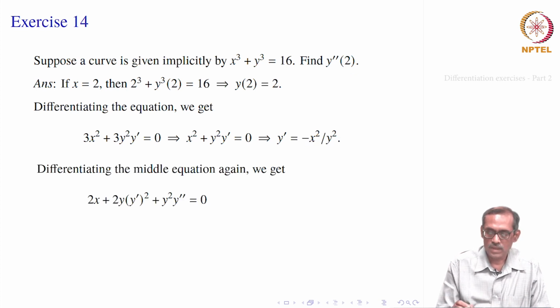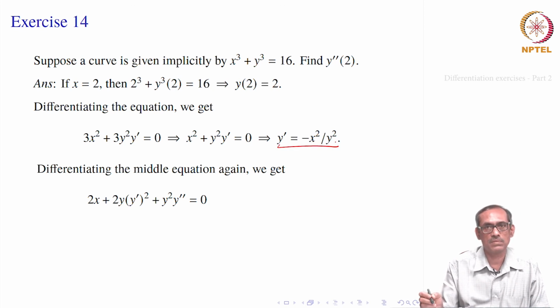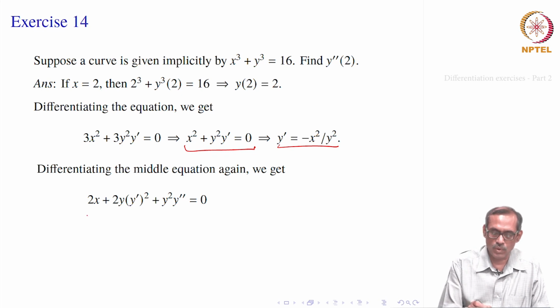Okay. So instead of differentiating y prime equal to this, where we have to use the ratio formula, the division formula, we consider this equation itself and differentiate, that might be easy. So x squared gives 2x, and y squared y prime, it is the product formula.